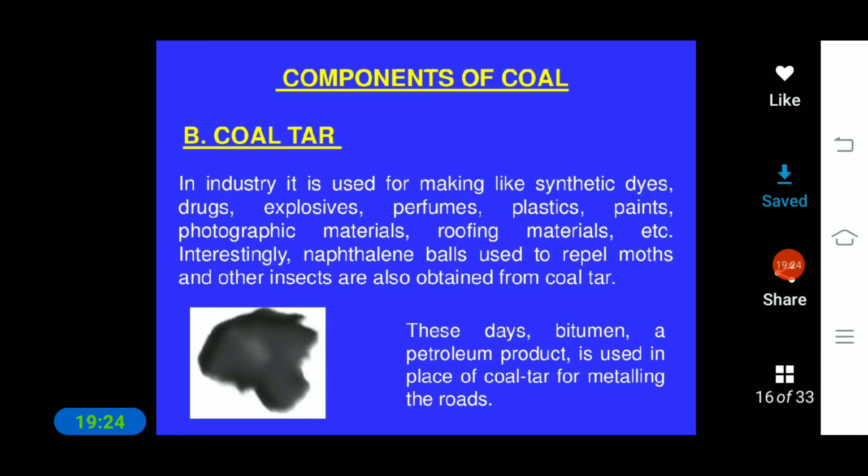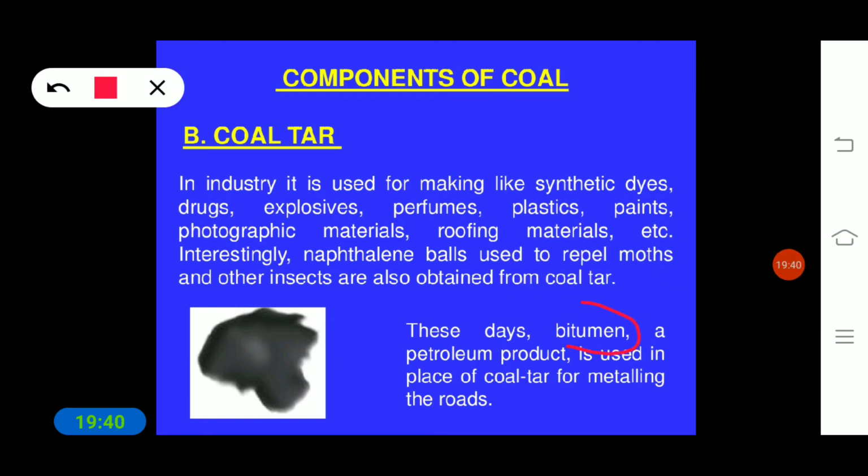So in place of coal tar, another substance is used, that is bitumen. Before that, coal tar was used to make metalling roads, and now bitumen is used in its place.